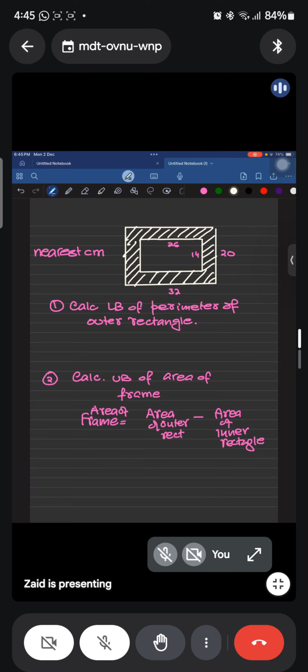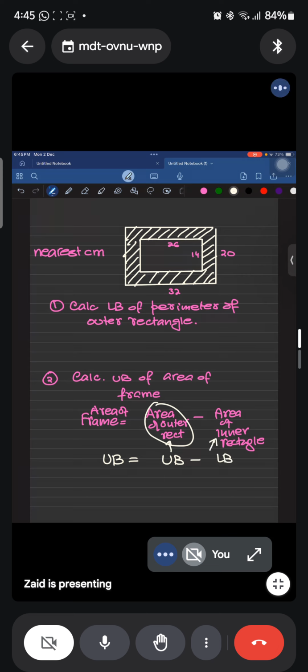Do you guys remember what I told you: if you're supposed to find the difference and the upper bound, what should I take for the first one? The upper bound of the first minus the lower bound of the second. Excellent. First find the areas and then subtract them and let me know the final answer.